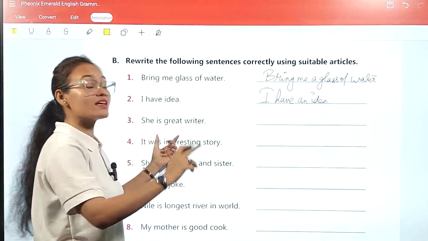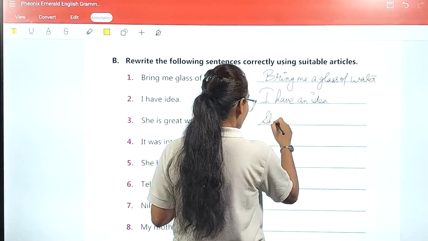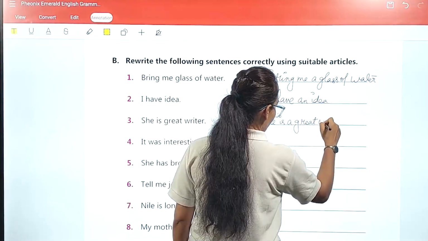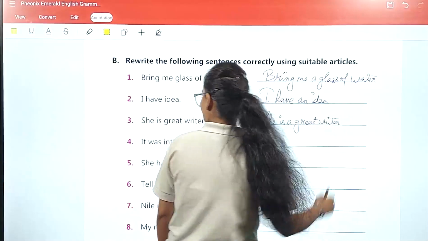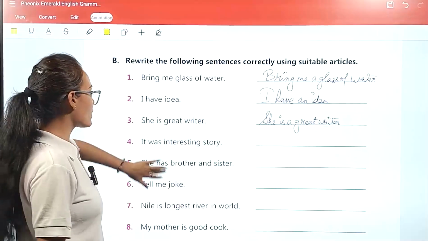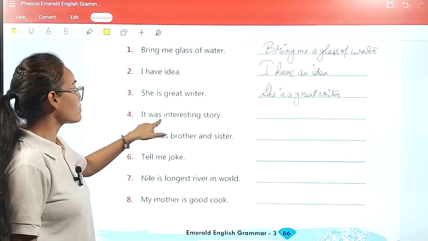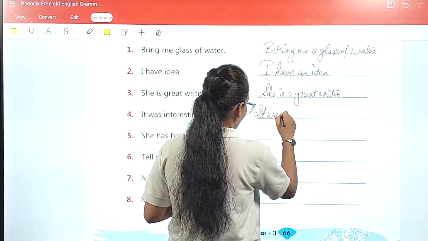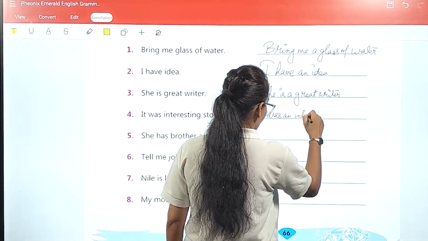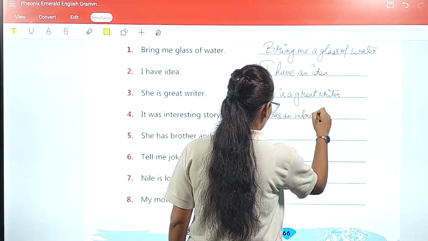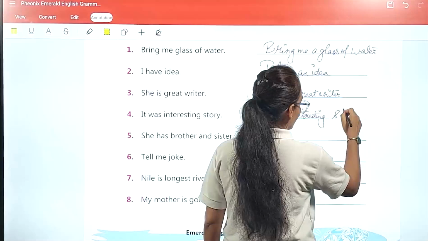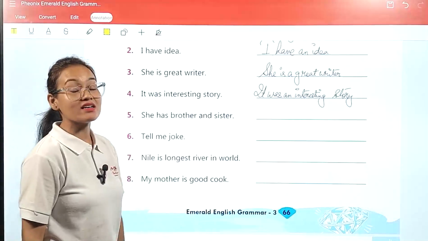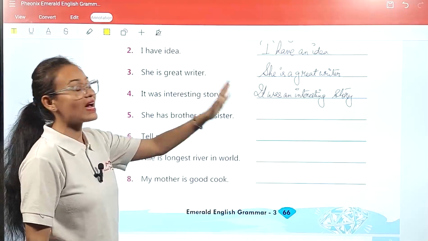She is a great writer. Fourth one, it was interesting story. It was an interesting story because I is your vowel. Okay, she has brother and sister. She has a brother and a sister.